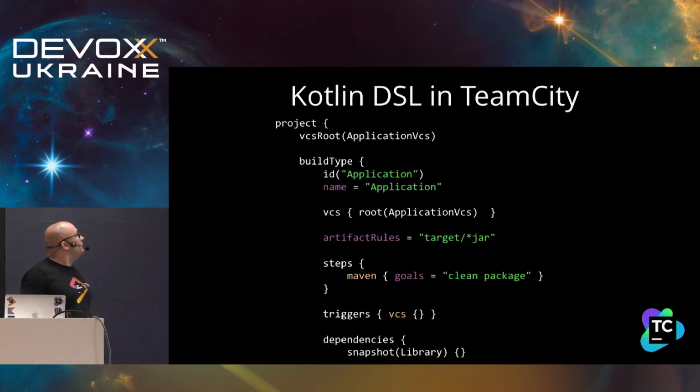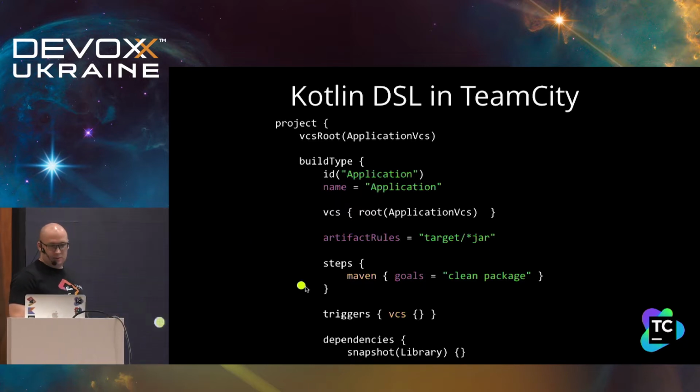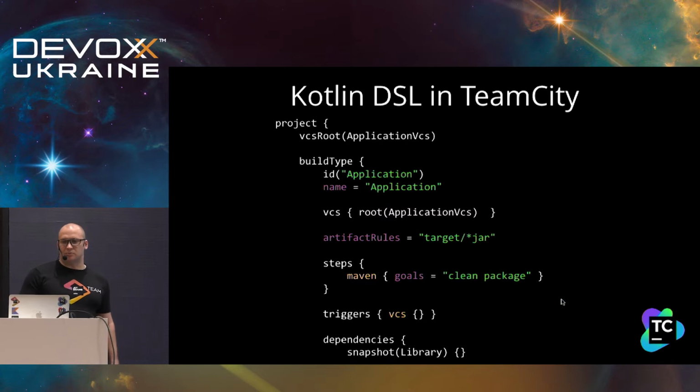Also pretty readable. We define a repository right on the top, which repository should be monitored for the changes. And then we describe the logic of the build. Like we give it the name and the ID. We say that it should monitor that Git repository or whatever repository we defined.